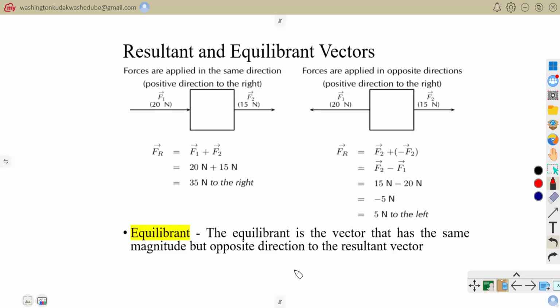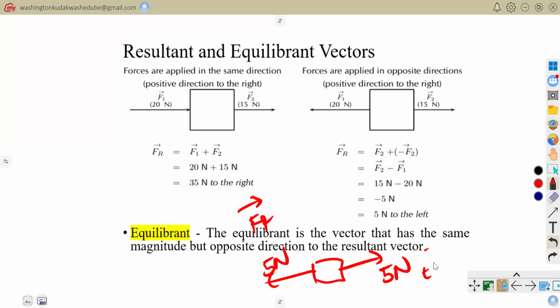For example, if my resultant is 5 newtons towards the west, that other time we determined our resultant to be 5 newtons towards the west, then it simply means that my equilibriant has to be 5 newtons towards the east.